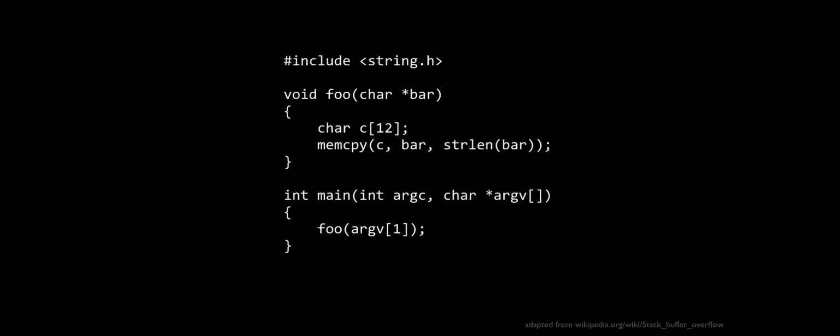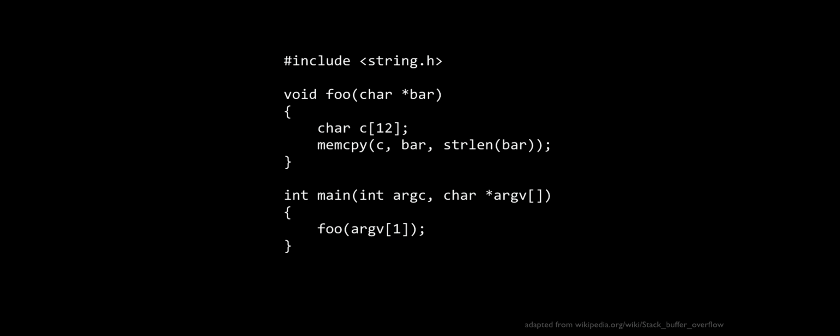So this is saying, hey computer, give me an array of 12 characters, a chunk of memory of size 12 that I plan to put characters into. And then memcpy, you might not have seen before, but it essentially copies into this chunk of memory whatever is at that chunk of memory, up to this many bytes. So memcpy, as the name suggests, copies memory from here to here, a total number of this many bytes.